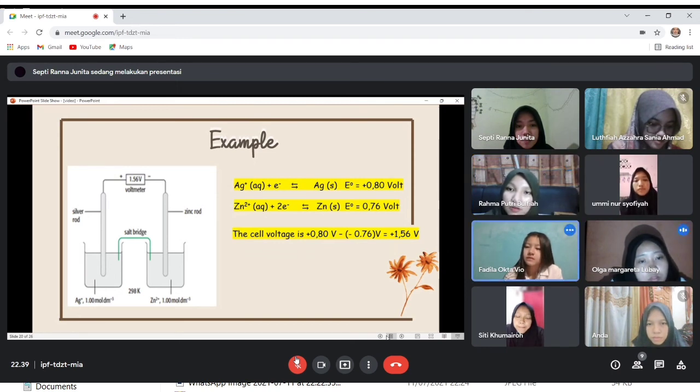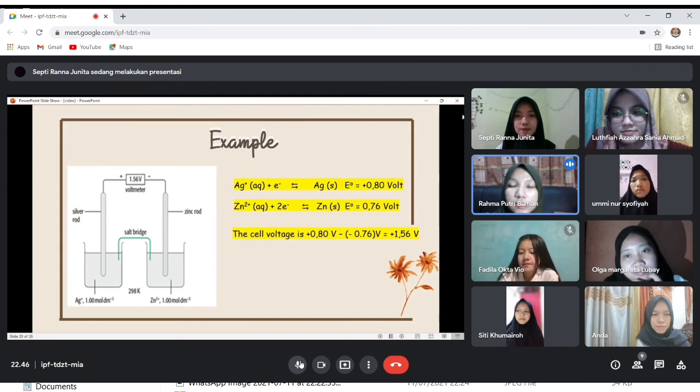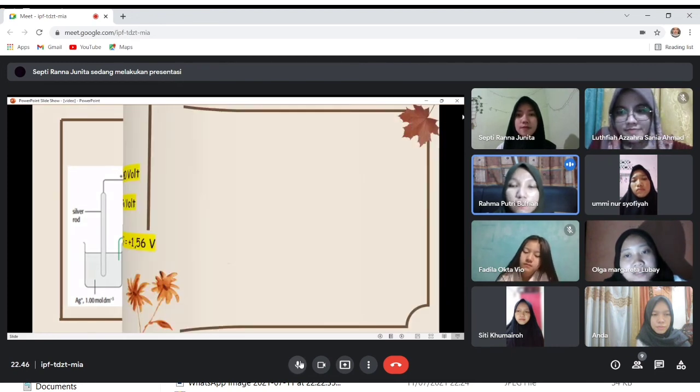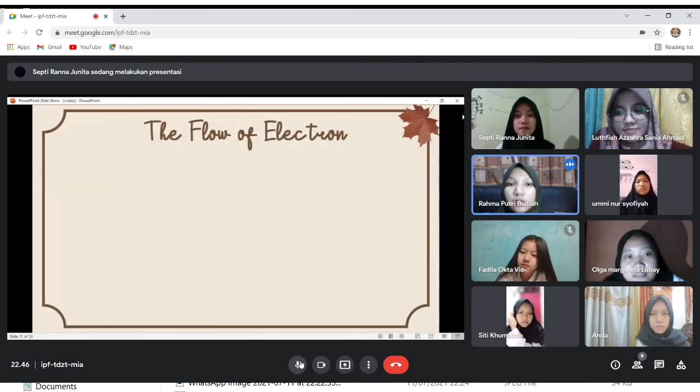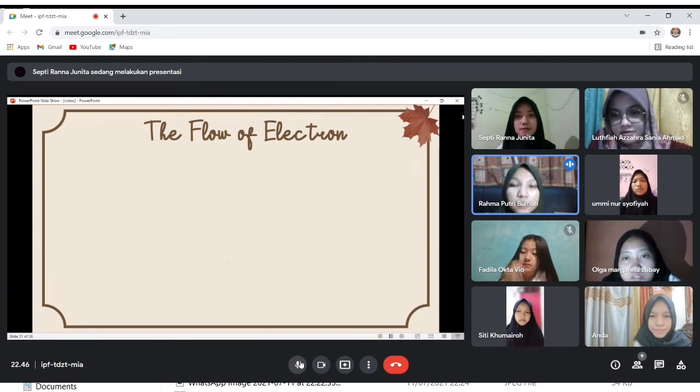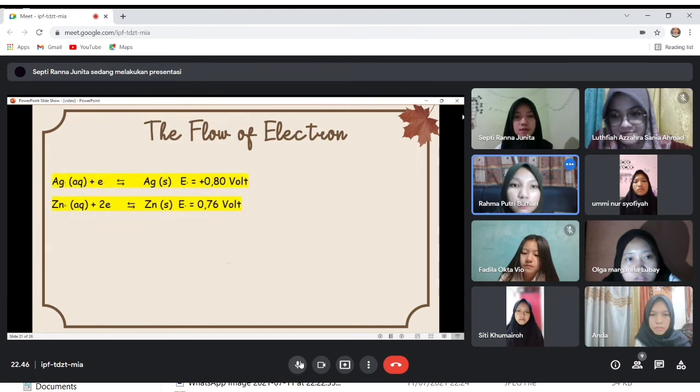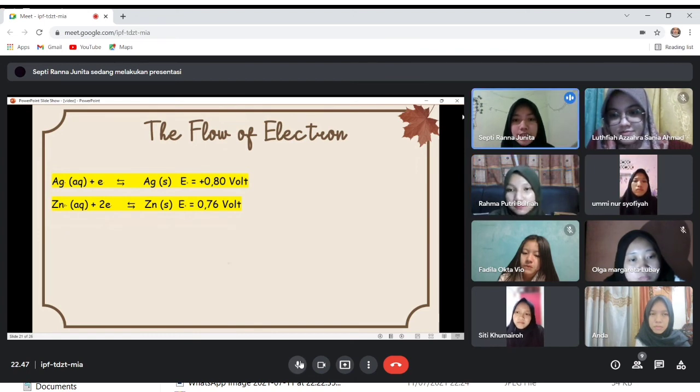Any question, class? No, miss. Next, we will discuss the direction of the flow of electrons in the wires of an external circuit. Pay attention to the following equation. Based on the screen, what can you observe on this reaction? The relative values of this voltage tell us zinc ions are more difficult to reduce than silver ions, miss.